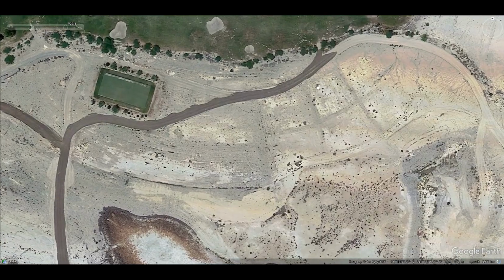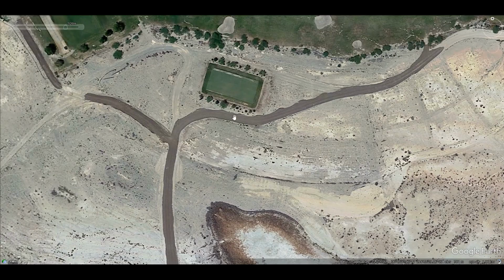And look what we see here. It's almost invisible, but there's the geometry of the roads, or streets.